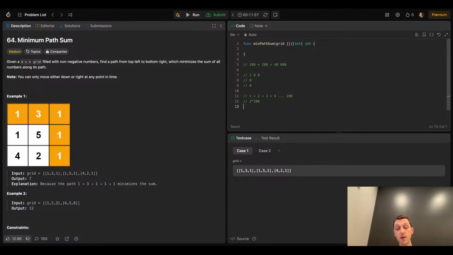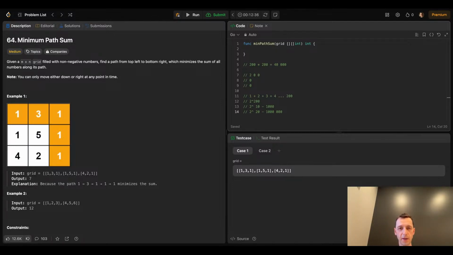Let me just tell you, 2 to the power of 10 is around 1,000. 2 to the power of 20 is around 1 million, I think. Right? Am I right?